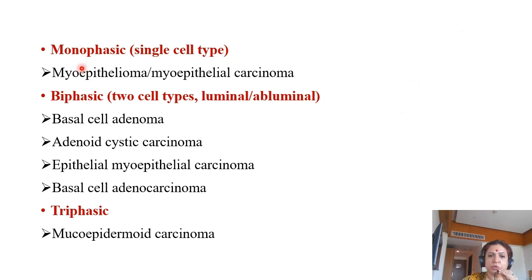When you get a monophasic tumor, it is usually myoepithelioma or myoepithelial carcinoma. Biphasic, you have a whole lot, like basal cell adenoma, basal cell adenocarcinoma, adenoid cystic carcinoma, epithelial-myoepithelial carcinoma, and triphasic you have the mucoepidermoid carcinoma with the mucous cells, epidermoid cells, and intermediate cells.